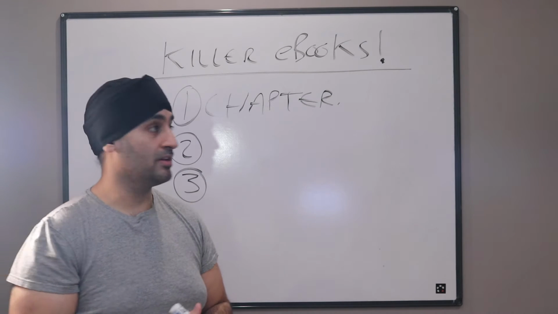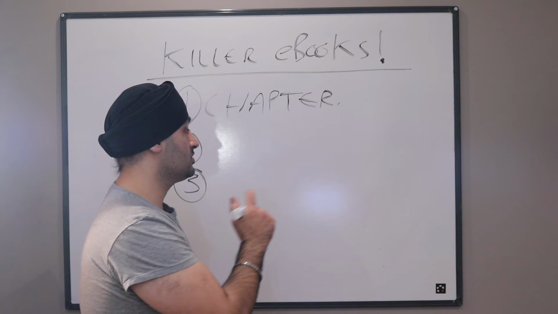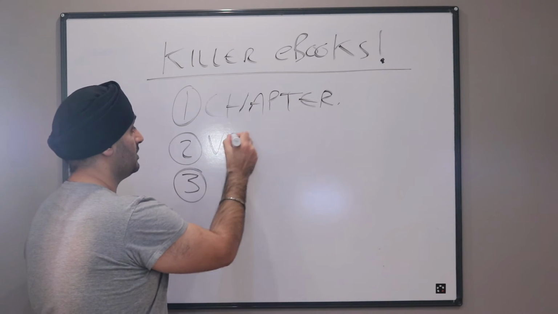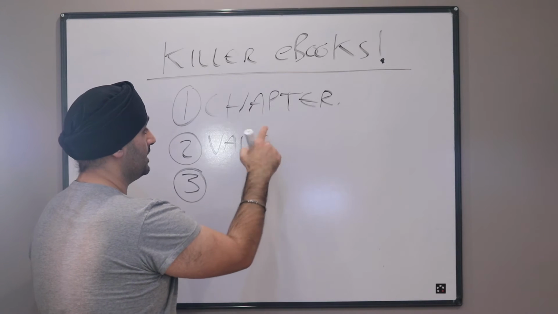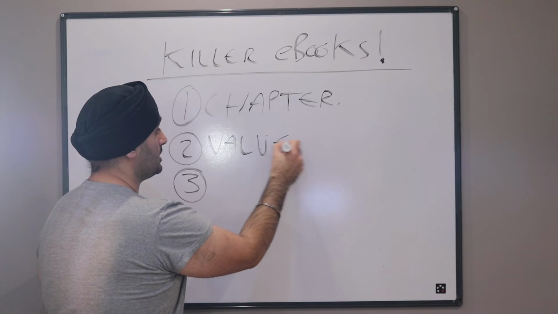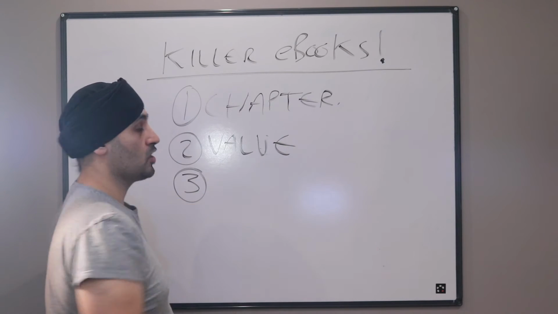And the best thing is, look, this is where you add that value, right? So the value I mean here is the content that's going to be in each of your chapters, right?